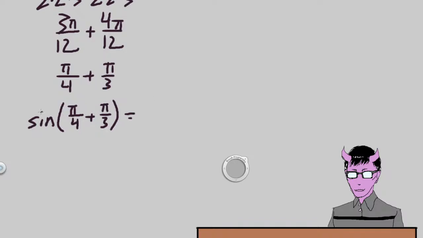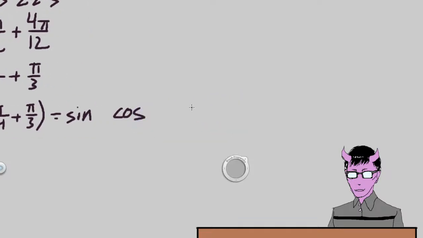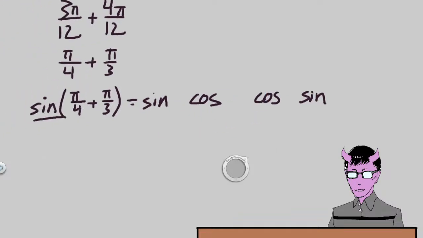Okay, so we're dealing with the sine trig function, so sine keeps the same sign. So it's going to be the alternation of sine, cosine, cosine, sine. Sine keeps the same sign.